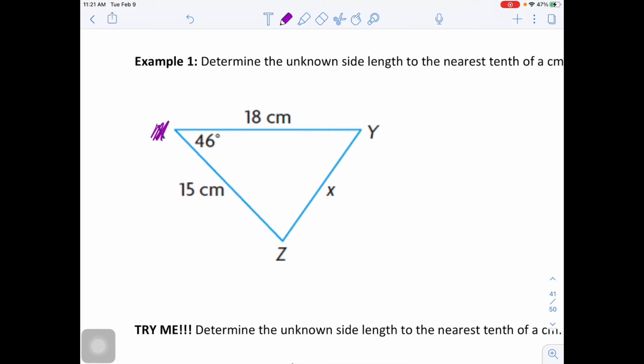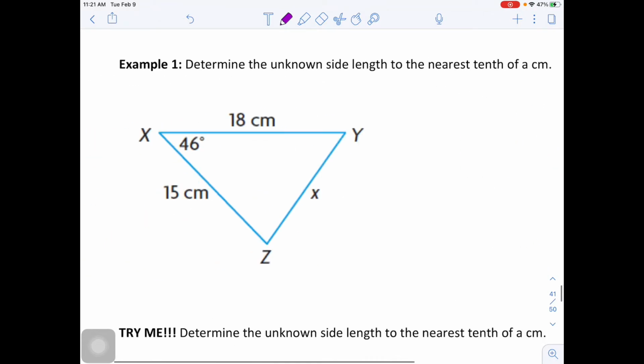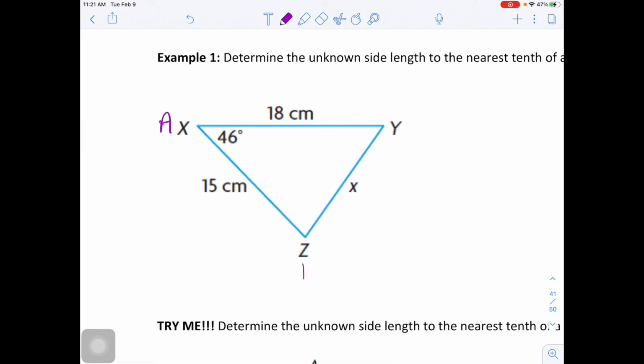So there's nothing saying that these have to be X, Y, and Z. Let's make this A, B, and C. Now, why have I done that? Because now this is going to be B. Whoa, that's not true. This is opposite of angle A, so this will be little a. This length is opposite of B, so this is little b. And this length is opposite of C, so this is little c.